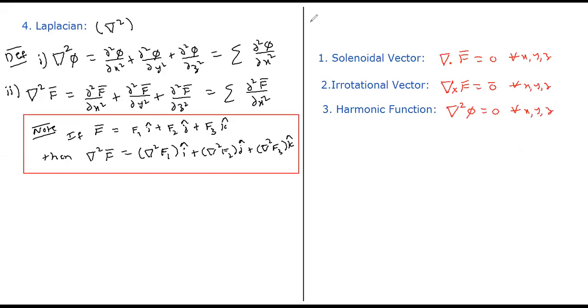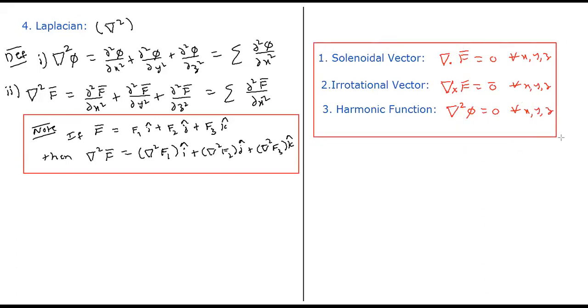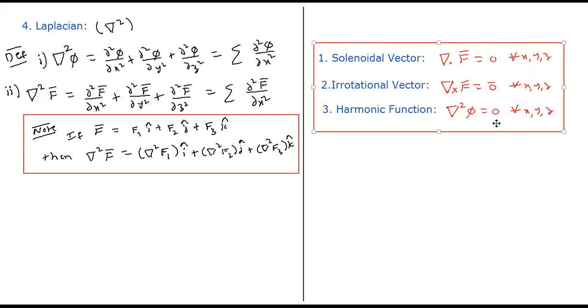Then it is said to be a harmonic function. So these are the three important definitions. Sometimes in exams you may be asked to show that the given vector function is solenoidal, or you may be asked to verify whether the given vector function is irrotational or not, or you may be asked to show a harmonic function.